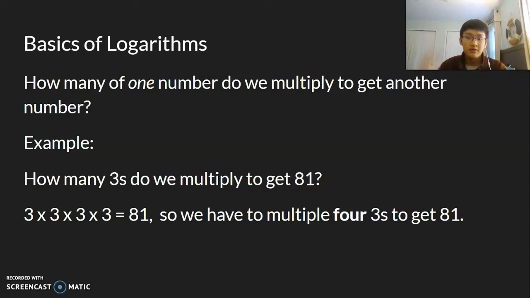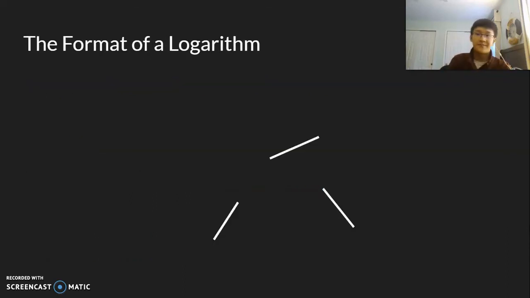So your answer is, we have to multiply 4 3's to get 81. And ultimately, you would say the logarithm of this is 4, because it takes 4 3's multiplied together to get to 81. I'll go over that in the next slide.